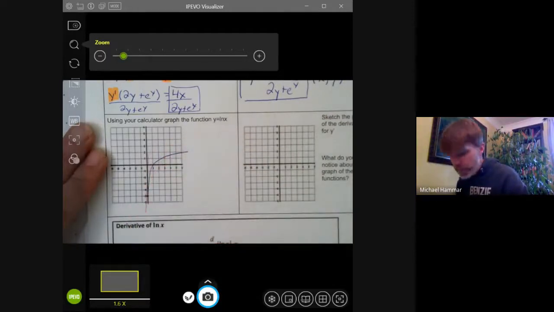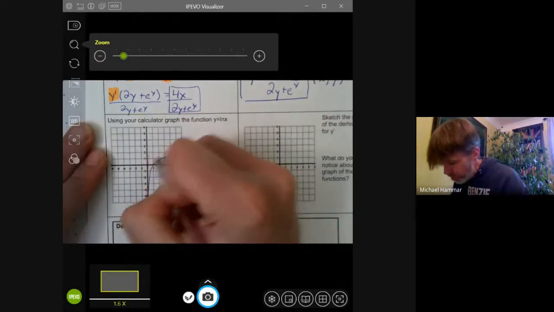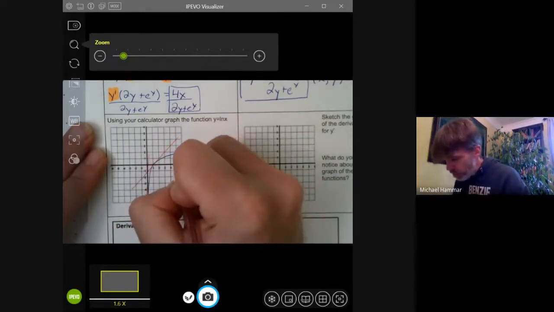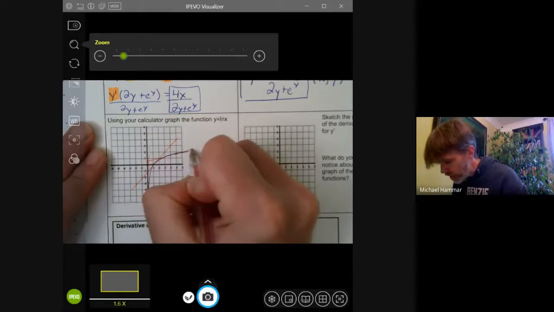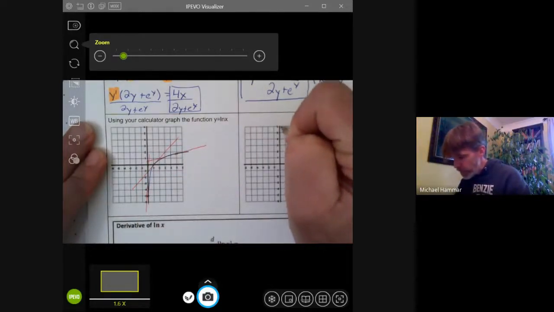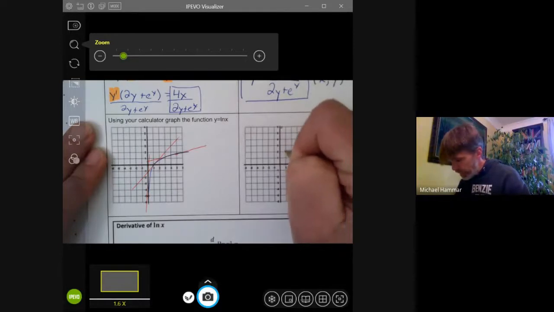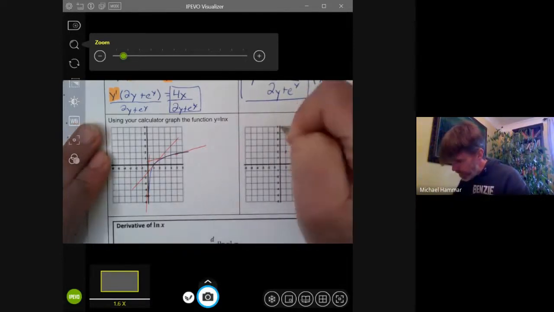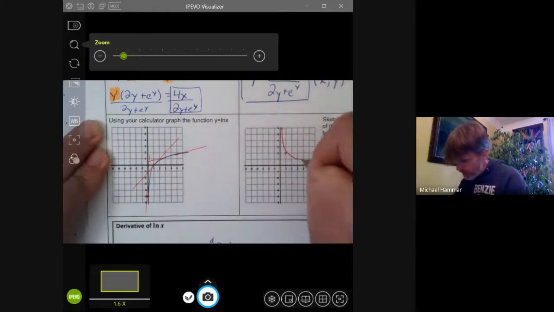If I draw the tangent line, it's really positive. If you pick here, the slope is getting less. If you pick here and I draw the tangent line, the slope is getting even less. So what happens is it's really positive, then it gets less, and then it's getting less again. So your graph kind of goes like this.